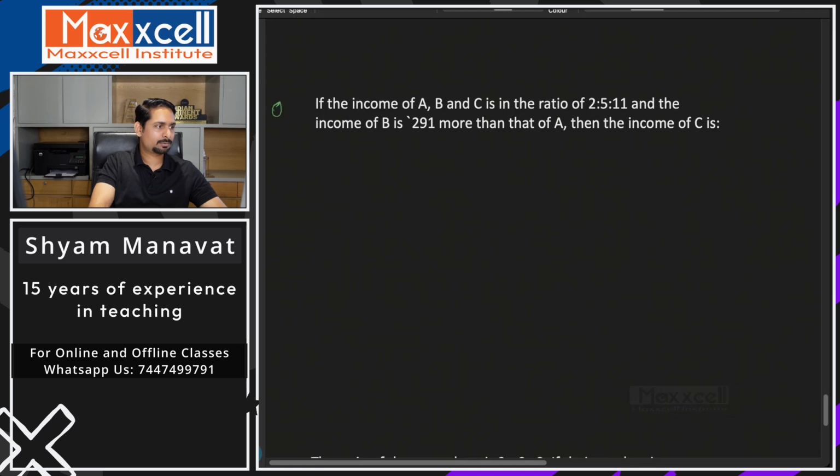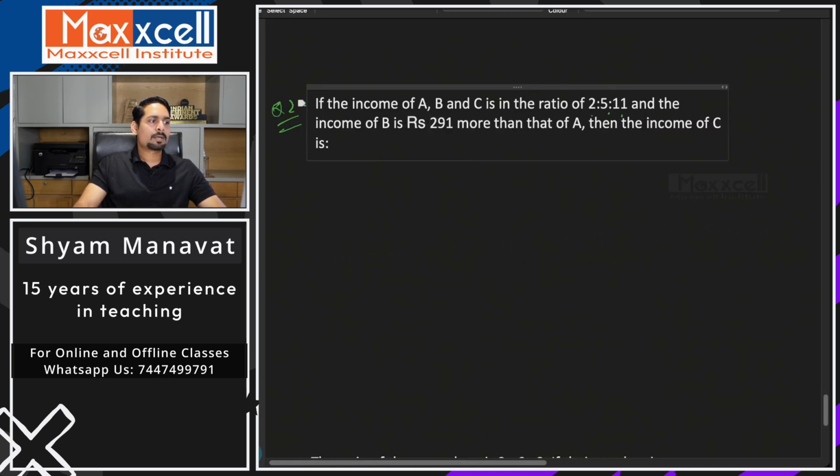Question number 2 says: if the incomes of A, B, C are in the ratio 2, 5, 11 and the income of B is rupees, okay, rupees is missing there, 291 more than that of A, then the income of C is what?